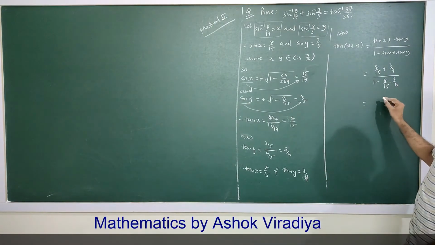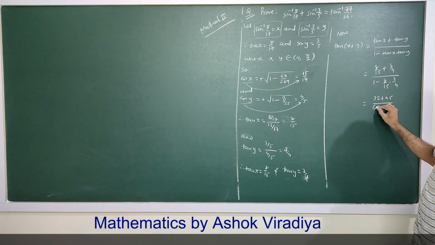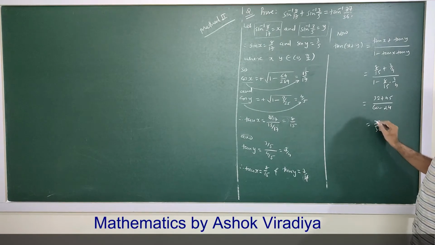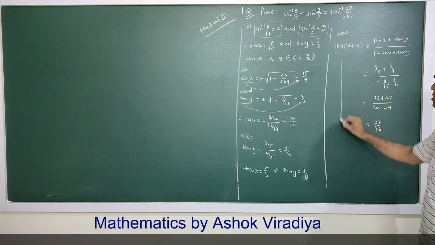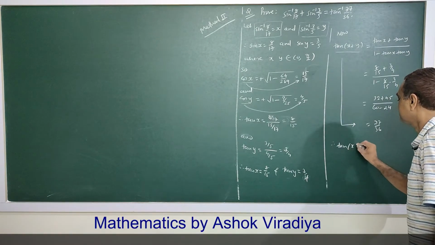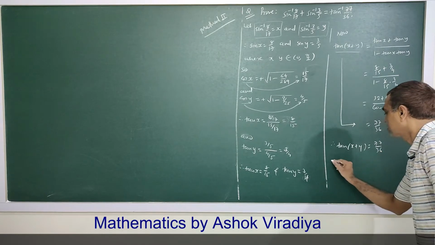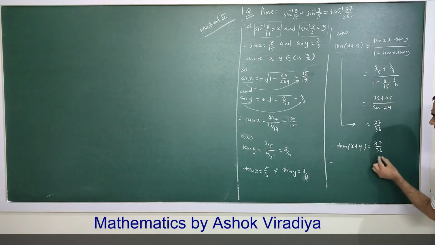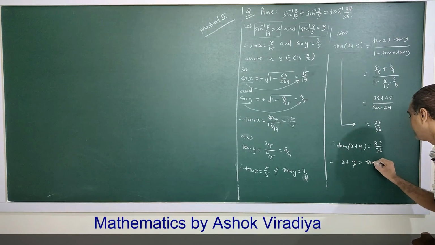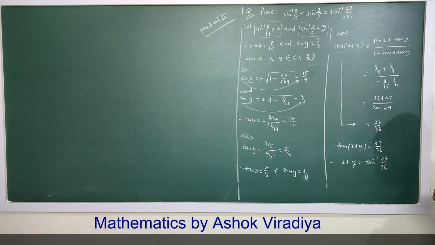That is 32 plus 45 upon 60 minus 24, 77 by 36. So tan of x plus y is 77 by 36. Therefore, now take tan inverse on this side. So x plus y is tan inverse 77 by 36.